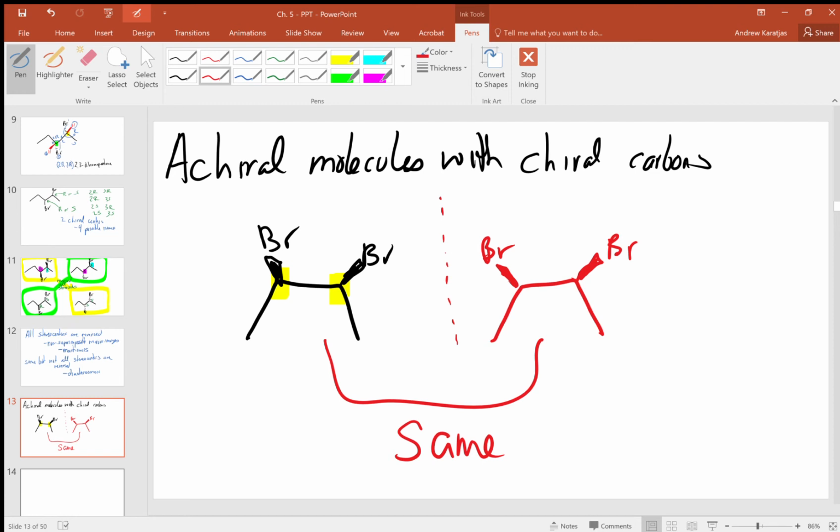And the reason for that is that the molecule has an internal plane of symmetry.